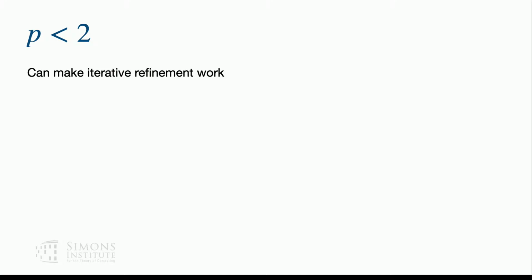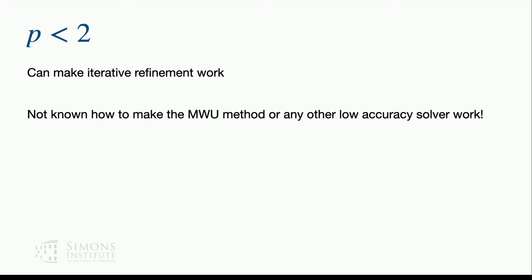You can make the iterative refinement work even for p less than 2, but we don't know how to make this multiplicative weight update method or any other low accuracy solver work, or even the other algorithms based on mirror prox. They also work for p greater than 2, and using a dual you can do p less than 2, but there's no direct method known.